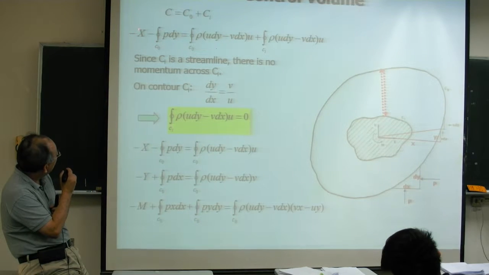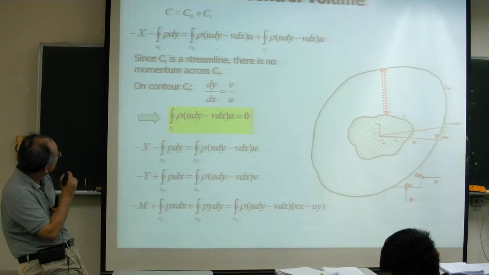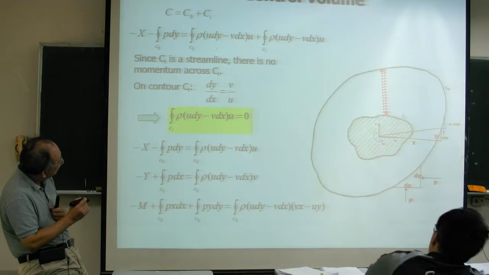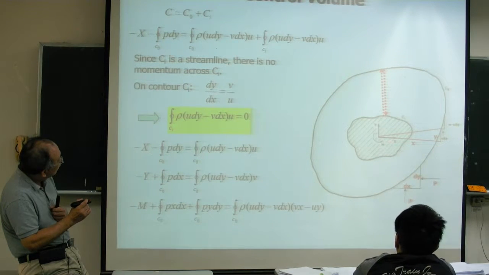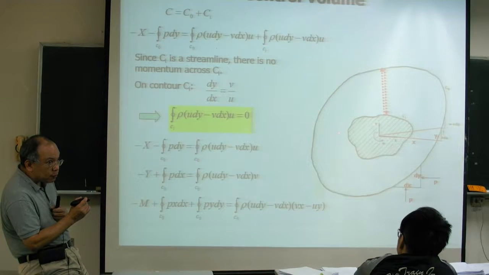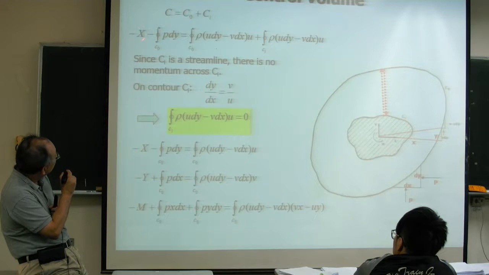As you can see, minus X is the force of this object acting on the fluid. Since X is the fluid acting on our object, the minus X becomes the object acting on the fluid. So this is the force of the object acting on the fluid.